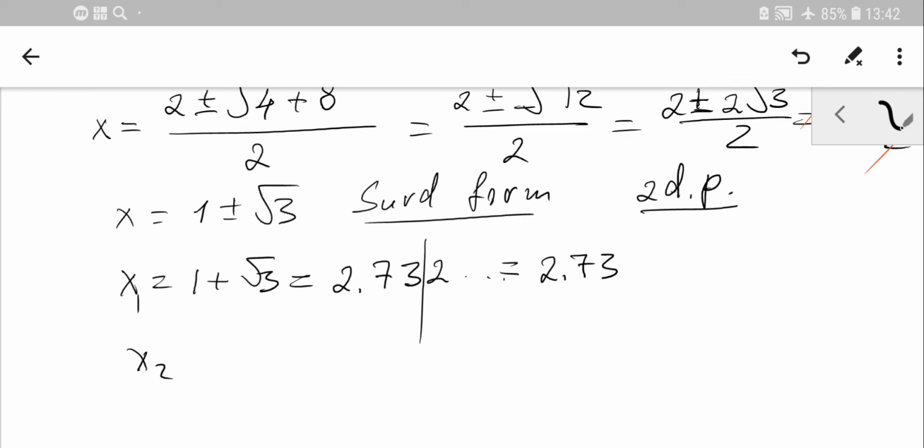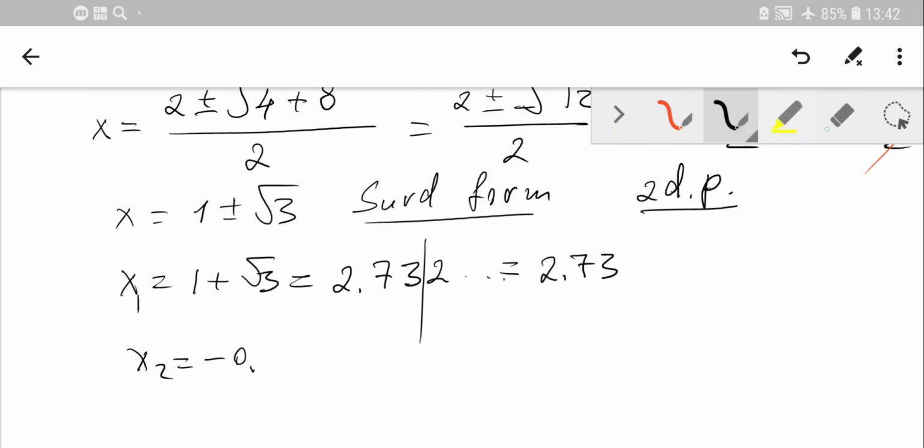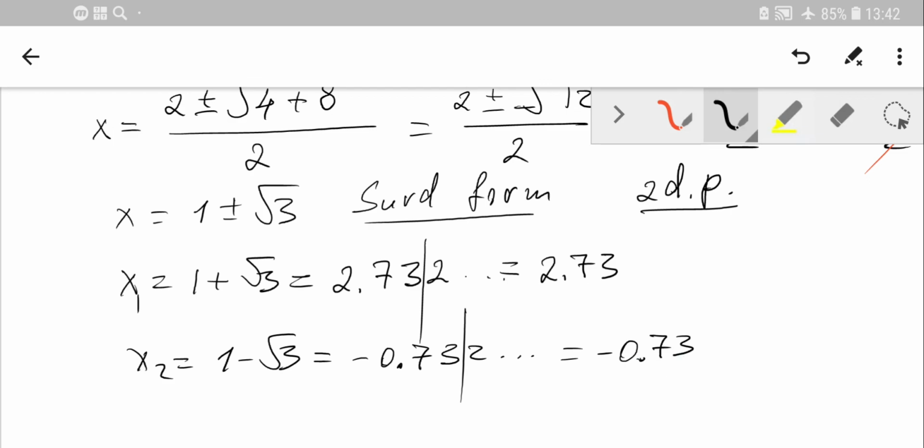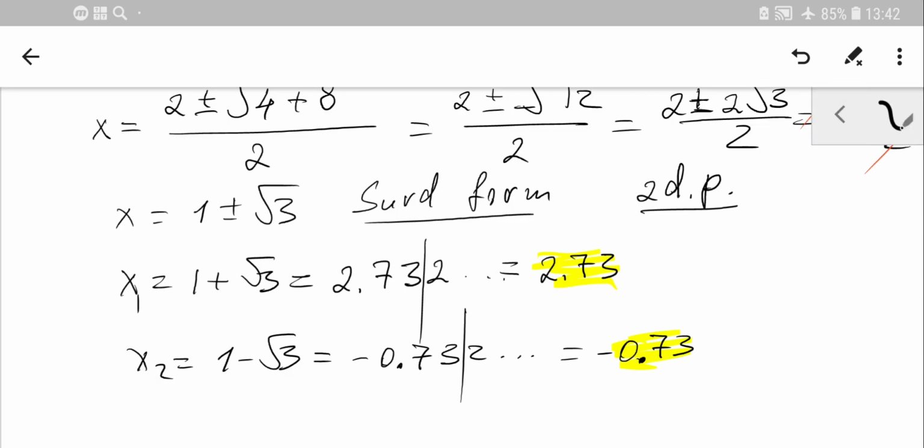So the second solution was the minus sign, and we'll get negative 0.73 to something, so it's going to be 1 minus square root of 3. And again, if we round to 2 dp, we'll get negative 0.73. All right, so that's in case you want to calculate and you're obliged to give your answer in decimal form to 2 decimal places.